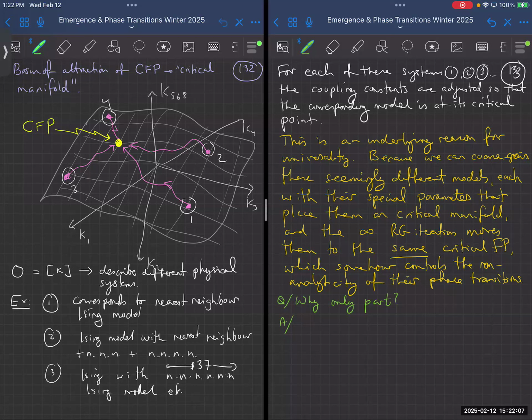Okay, so hence the question. The logic of this dynamical systems picture implies that all of these systems will have the same critical behavior, which sounds like we've explained universality, but I'm saying it's not the full explanation. So what part of universality have we left out, do you think?